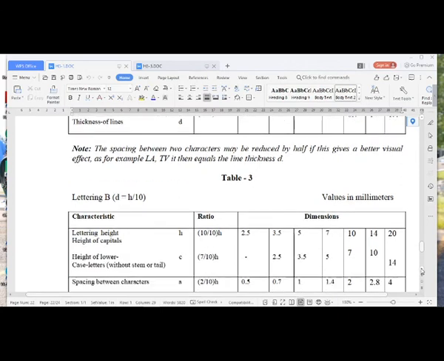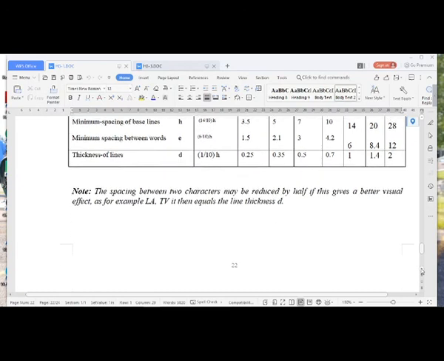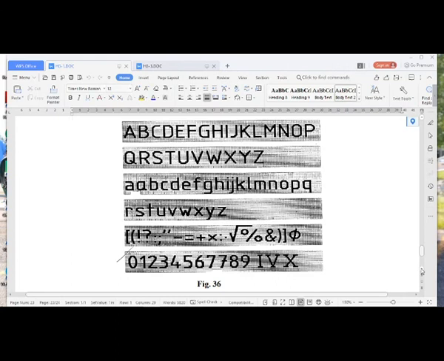Similarly, table 3 as the previous one. These are all the examples which were already drawn, which already gave the information on how to draw.